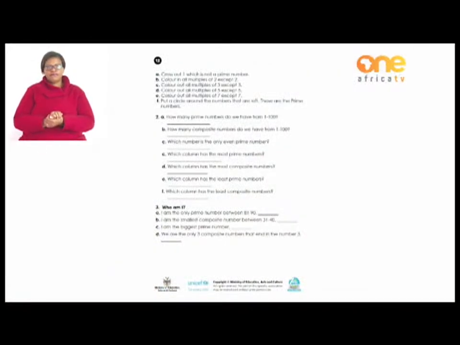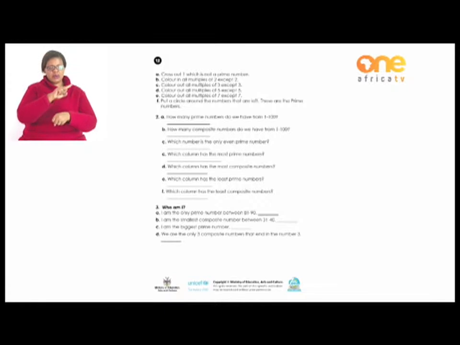Now, there are certain instructions that we need to carry out so that we can discover our prime numbers. And at the same time, we will also be able to discover our composite numbers, but we will come to that later. Okay, A. A instructs us to cross out 1, in other words, the number 1, which is not a prime number.